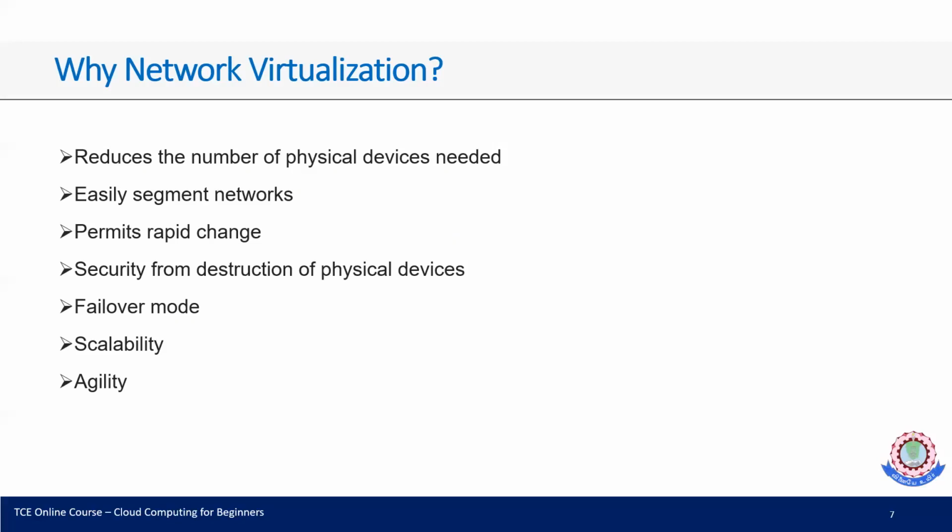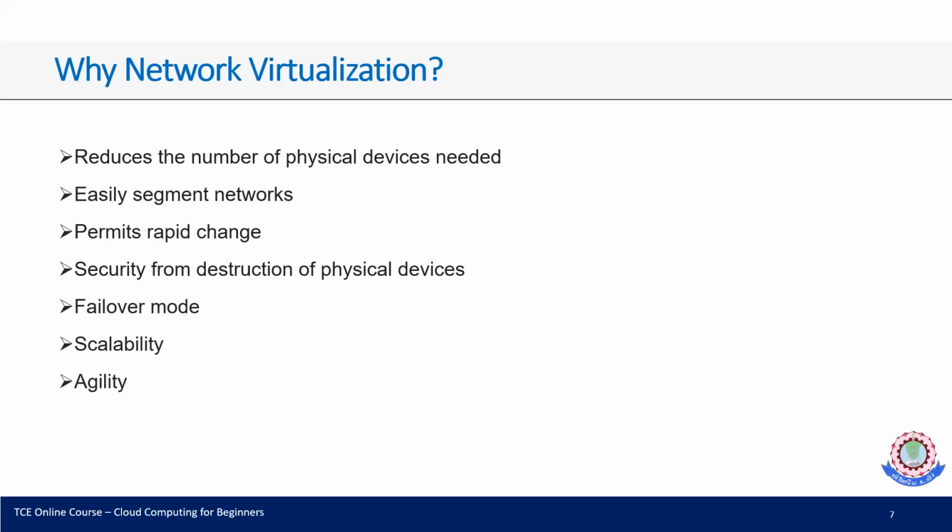The next one is scalability. We can scale up or scale down due to the demand of the customers. Then agility can be improved. Depending upon the speed, it will go ahead at a fast pace inside the environment. So these are the points why network virtualization is so important. We can have a reduction in the number of physical devices.